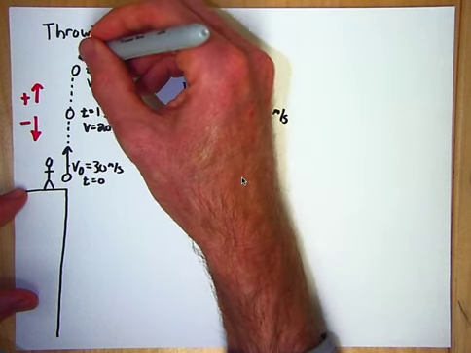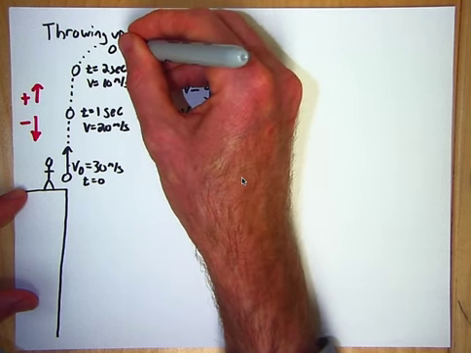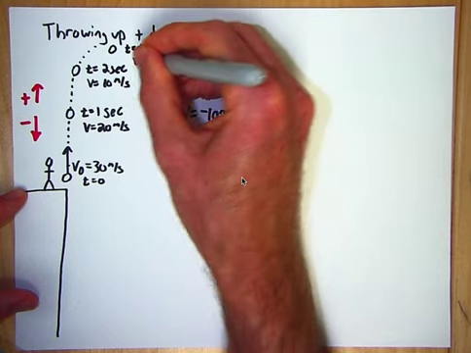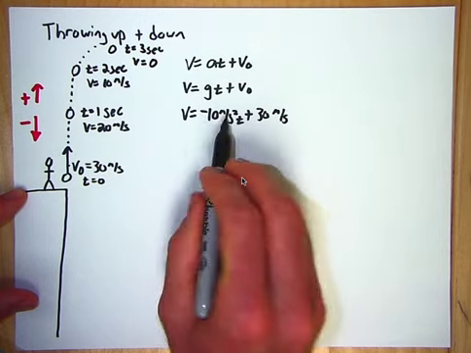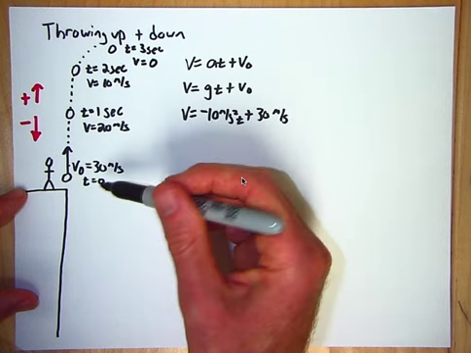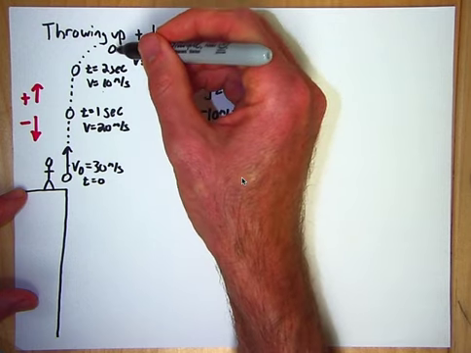And then I'm going to scooch this guy over here even though it's not going in this direction. So let's say that at t equals 3 seconds, now we know that our velocity is 0. Plug in 3 seconds here, negative 30 plus positive 30 is going to give you 0. Or you can see the pattern, 30, 20, 10, 0. So at 3 seconds we've actually made it to the top.